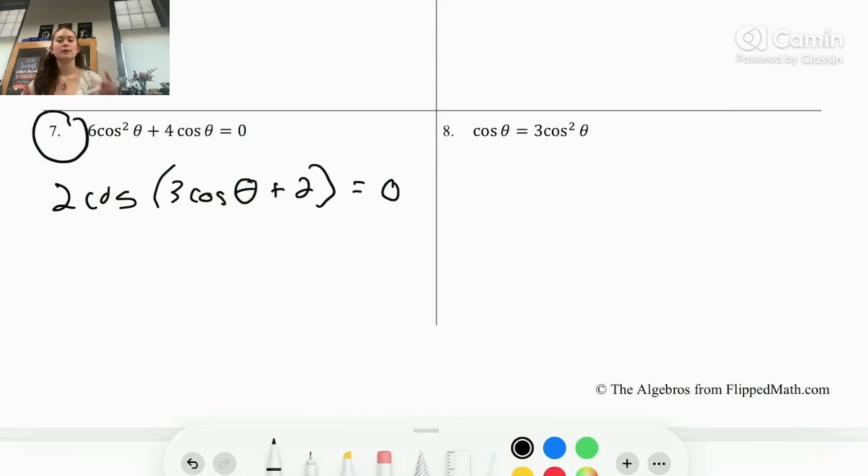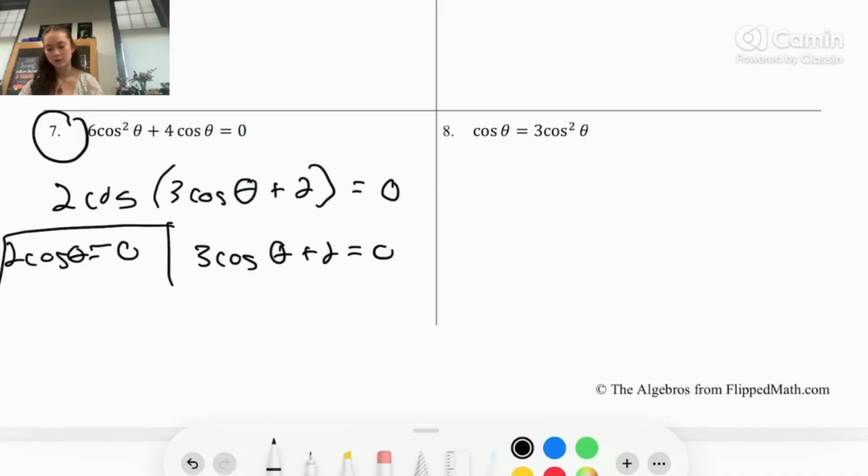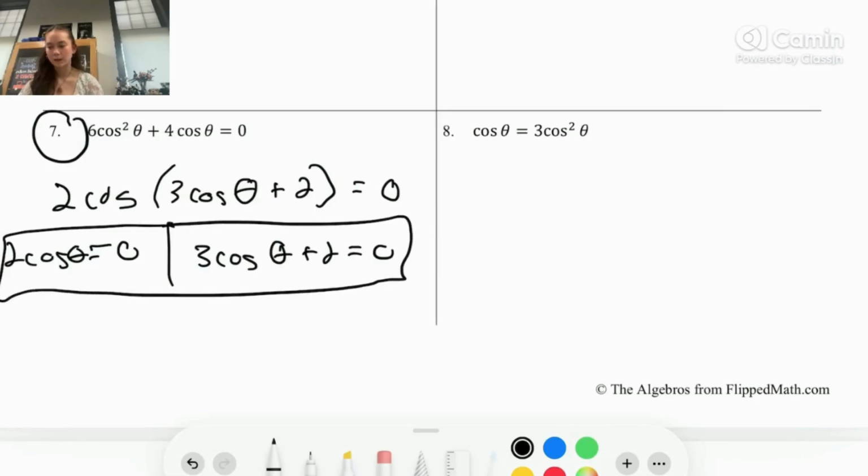Then from there, you're going to separate the 2 to see what those values are for 0. So, 2 cosine of 0 and 3 cosine. Separate those 2. For what values of those will their inverses be 0?